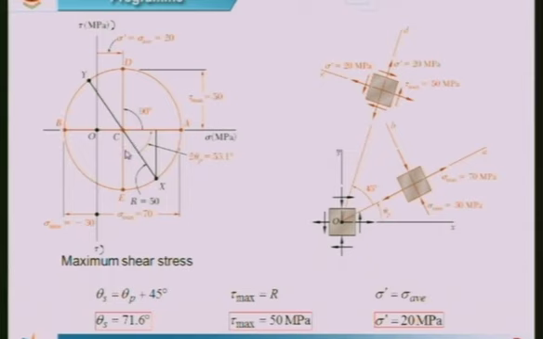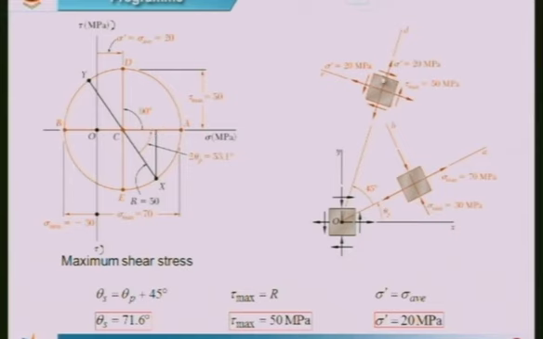Now, we can also get theta s as theta p, which we have already found, plus 45, which we get as 71.6. That is what is indicated here. 45 plus theta p, this angle would be 71.6, and the shearing stress is 50, which is the maximum value, and the corresponding normal stress that is going to be acting would be the average stress, which is given by 20, which is nothing but OC.